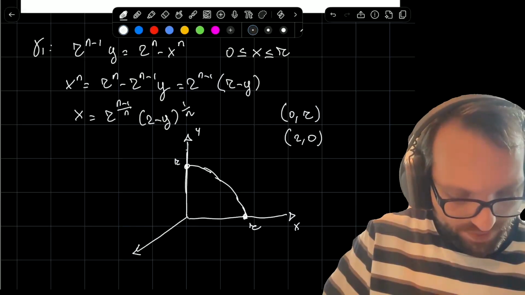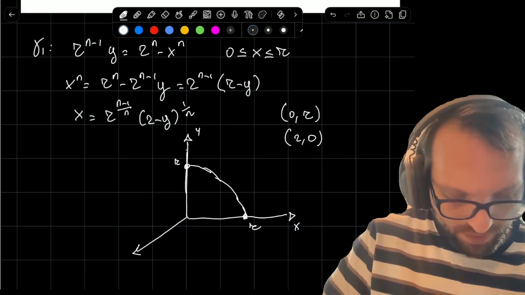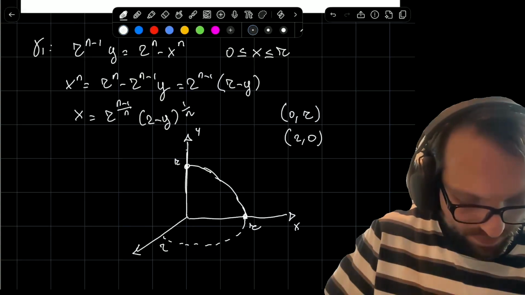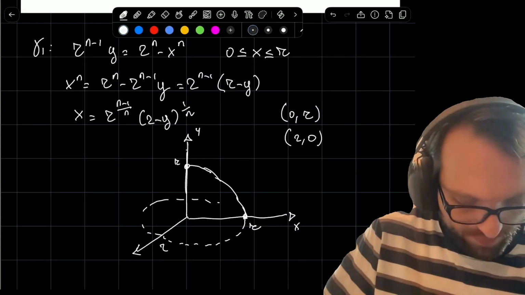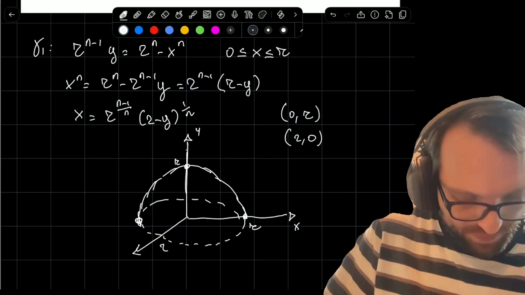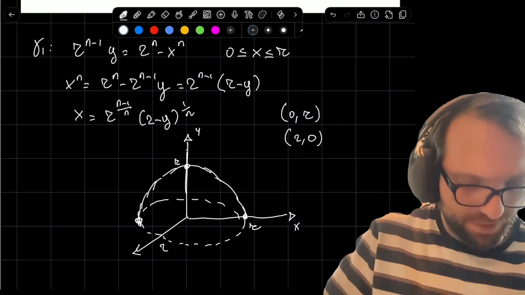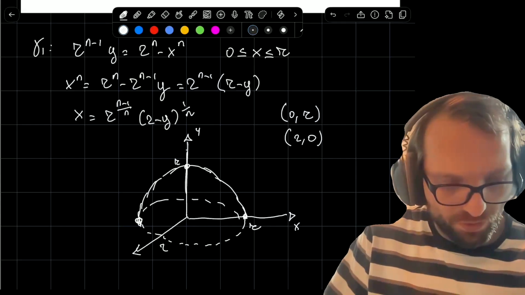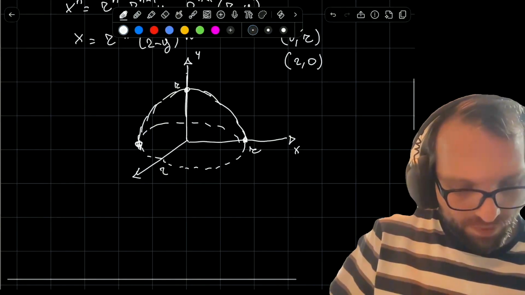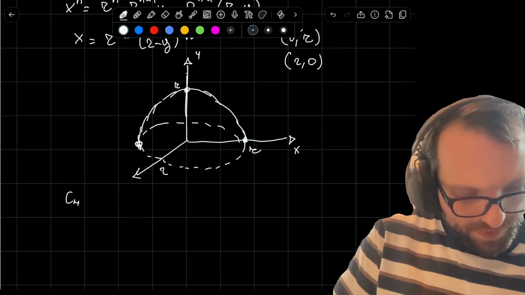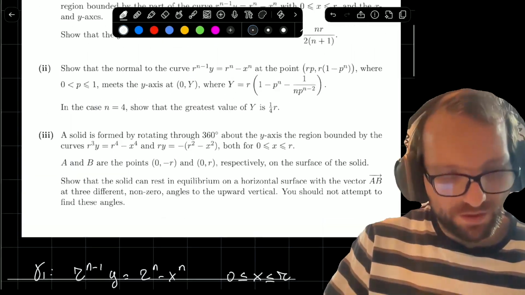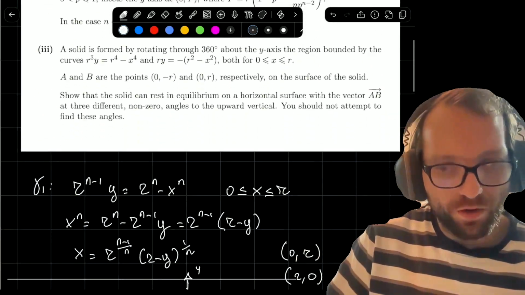And when we rotate it around the y-axis, it's very hard to draw, but it becomes a figure something like that. For example, when n equals 2, we know that it's a paraboloid. Now we need to find the center of mass. The exercise tells us that we only need to find the y-coordinate.